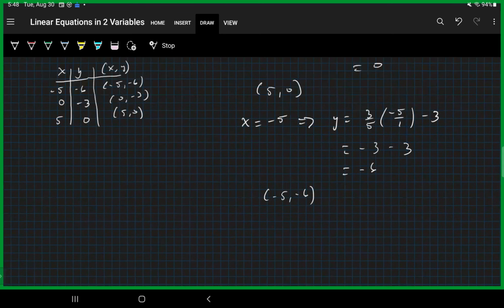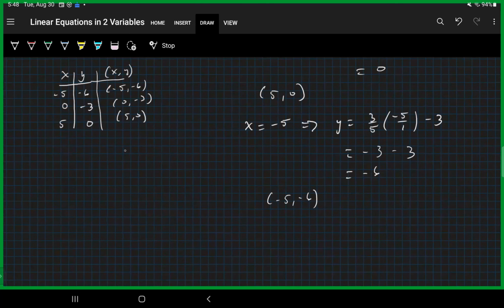Okay, so I need to graph this, and I have some room. So x, y, 1, 2, 3, 4, 5, 6. And if I go to -5, -6, I go to 0, -3, and I go to 5, 0.